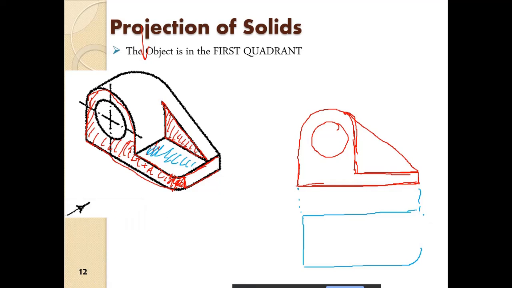Now we will also observe this part up till it becomes perpendicular, and similarly we will also see this surface. This part of the surface we will not see because it is perpendicular to our angle of view.